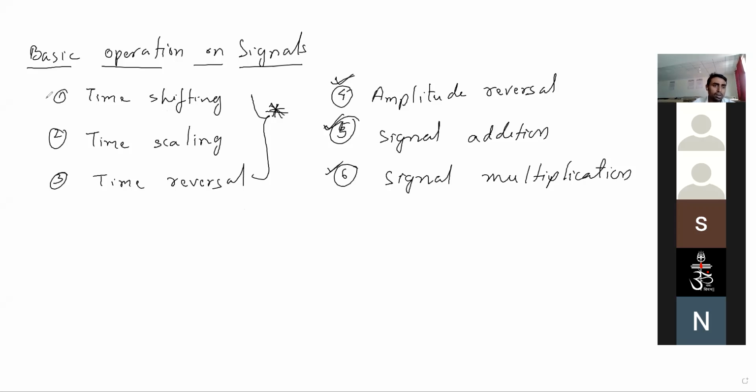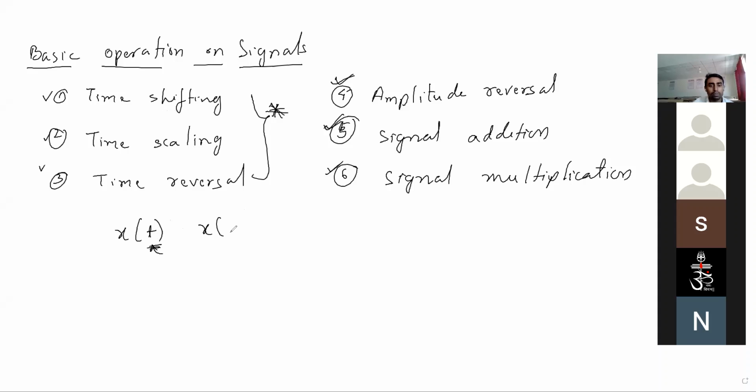Another thing is, for all of these first three, suppose a signal is given, x(t). Here t is an independent variable, and these first three operations all perform some modification in this independent variable only.